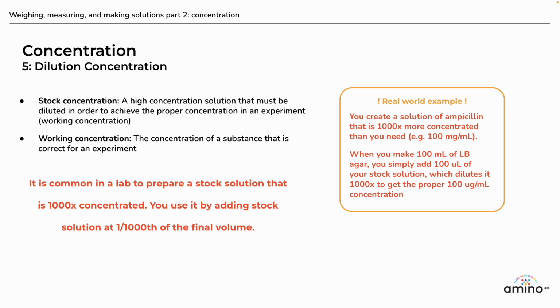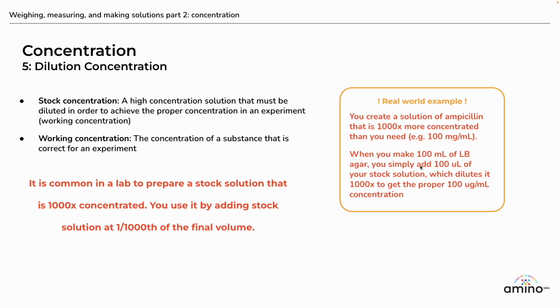Now, say you want to make 100 milliliters of LB agar for your Petri dishes. You would simply add 100 microliters of your stock solution. Note that 100 microliters is 1,000 times smaller than the final volume you want.